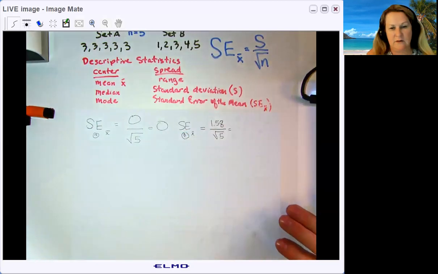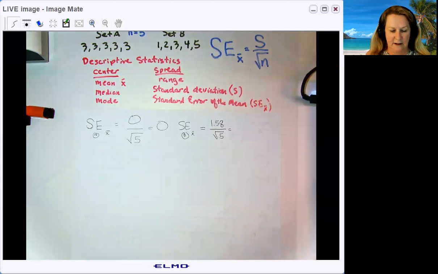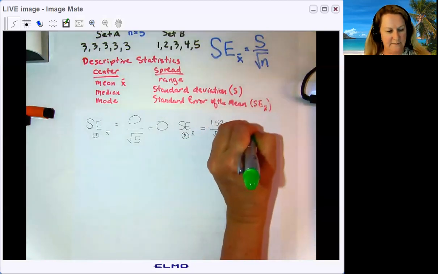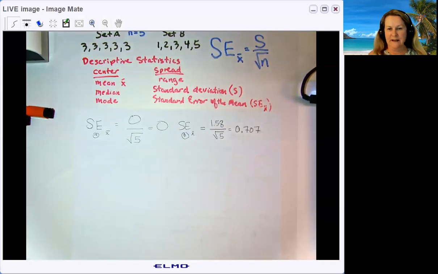Square root of 5 is 2.236. So 1.58 divided by the square root of 5, and I get 0.707. That's the standard error of the mean for data set B. Now, big whoop, what do we do with it?